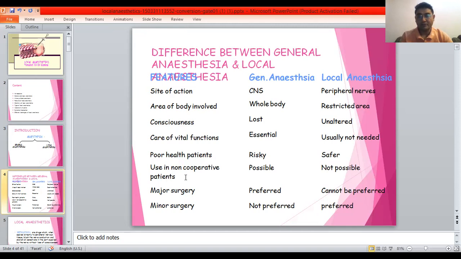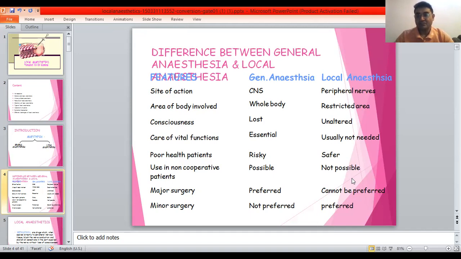Use in non-cooperative patients, patients who do not help the doctor or the anesthesiologist: general anesthesia is a good choice for these patients. It is possible for them, but spinal anesthesia is not, because in spinal anesthesia the patient should be positioned, for example in a sitting position or in a left lateral position.